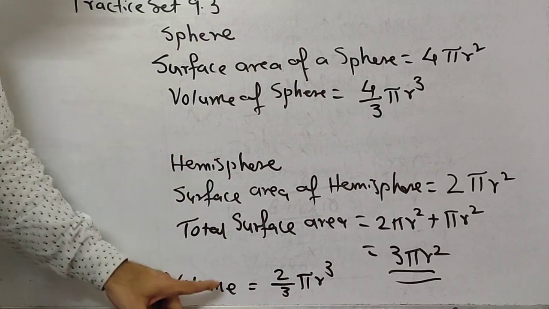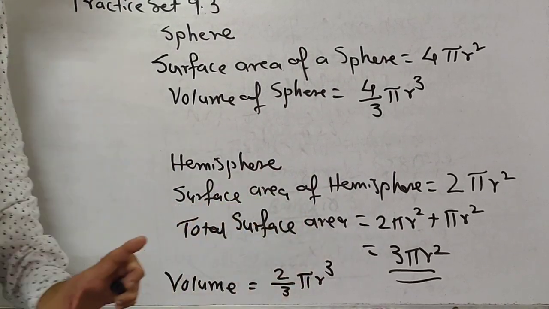And volume of hemisphere is 2 upon 3 pi r cube. Keep in mind, volume of sphere is 4 upon 3 pi r cube, and volume of hemisphere is 2 upon 3 pi r cube.